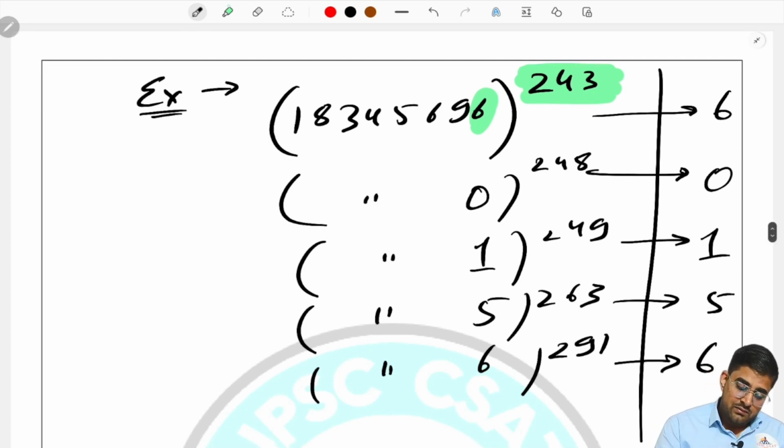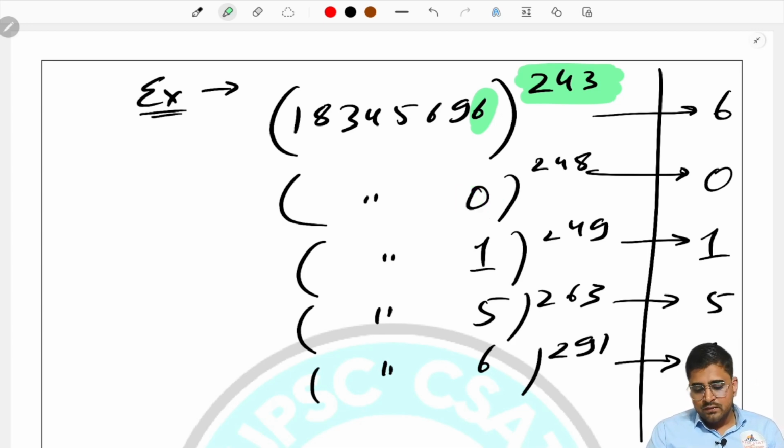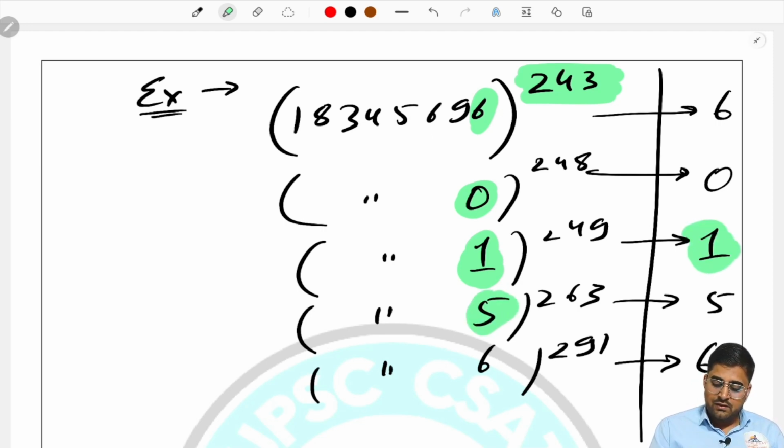If any number is there, any in this world, if the number is 0, 0 multiplied by anything is 0. That's the logic. If 1 is there, anything in power, it will give you 1. 5, anything in power, it will give you 5.